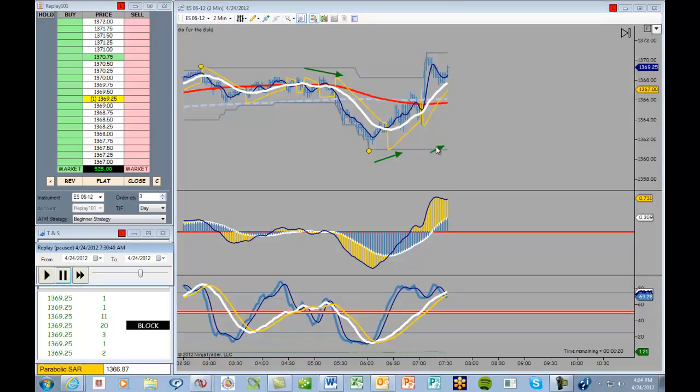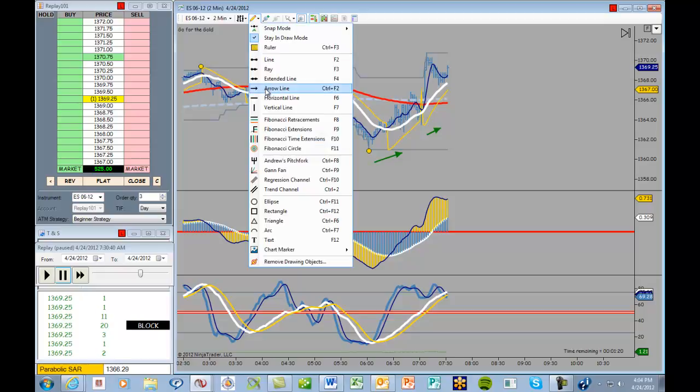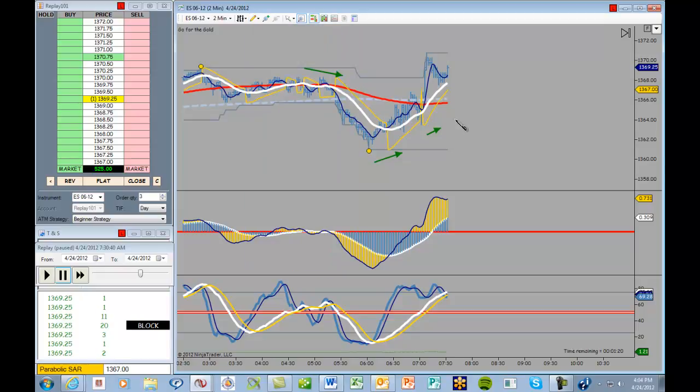All right, let's see if we can pick another one up here. I had a student while this was happening in real time this morning, and I didn't get a chance to take this one, but I think it's going to work. Again, look at how our white moving average is still moving up, and we're a long way away from the parabolic. That's what's being mimicked down here with the slower stochastic.